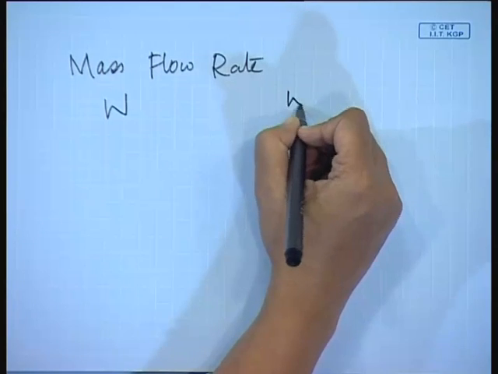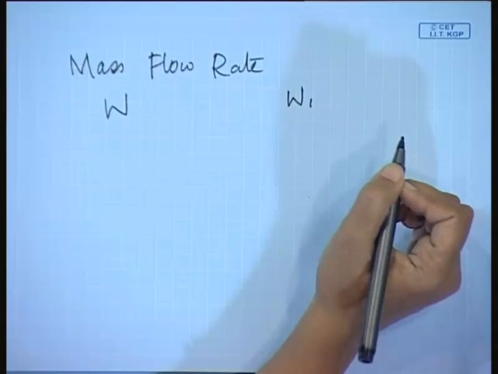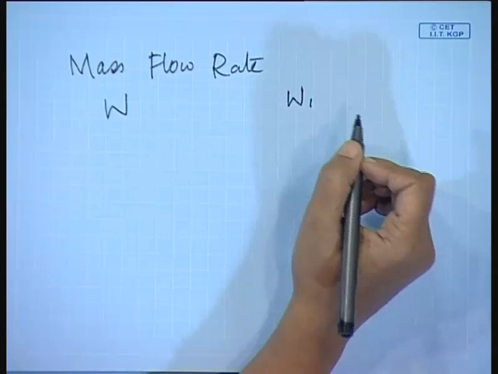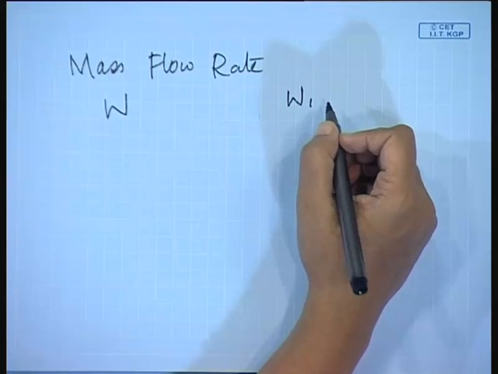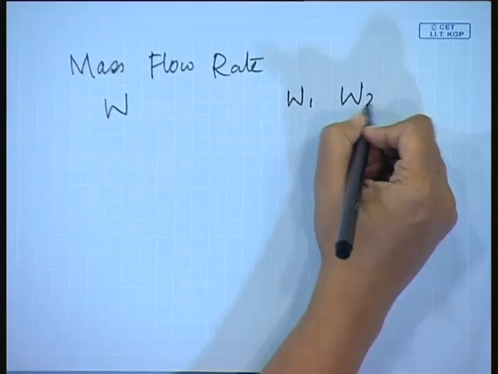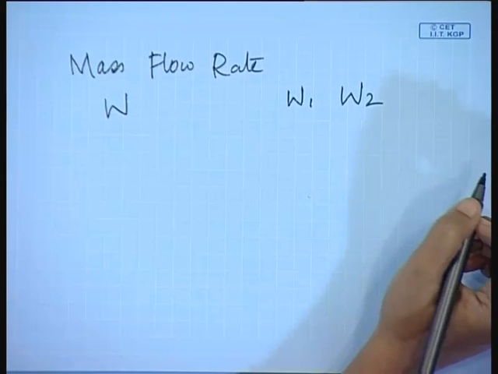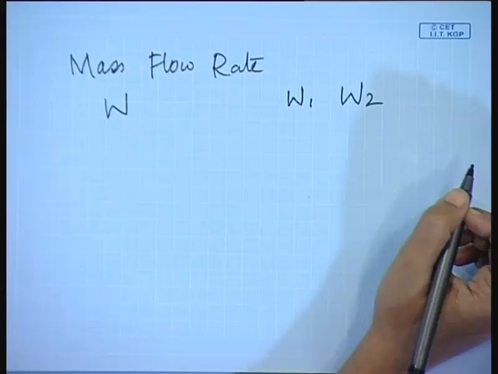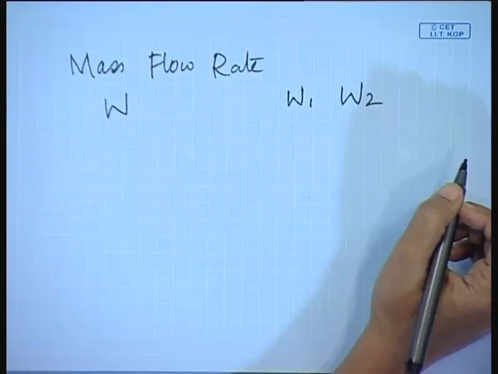Accordingly, here we can have W1, the mass flow rate of phase 1, which for vapor liquid or gas liquid is the liquid phase. There will be W2, the mass flow rate of the vapor phase or the gas phase if it is liquid vapor.